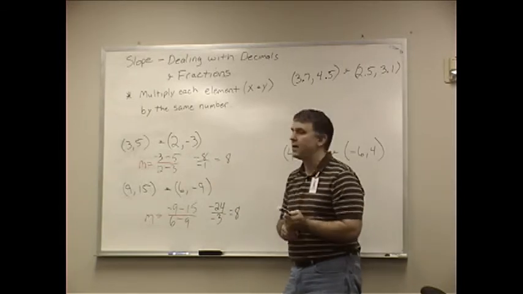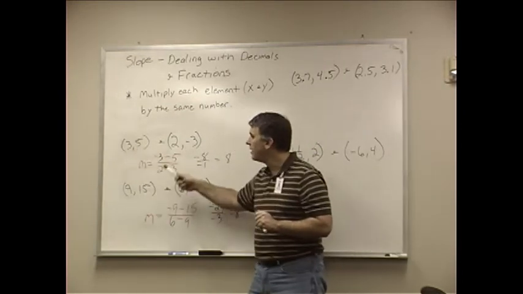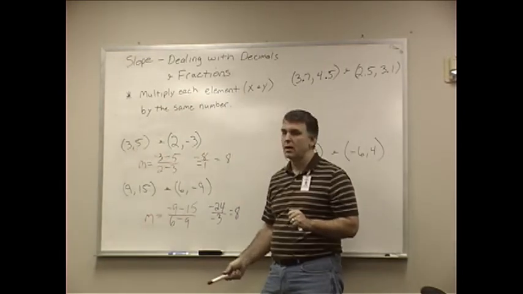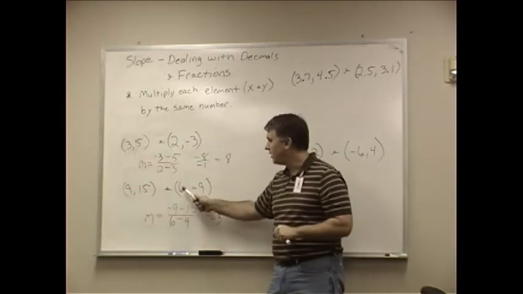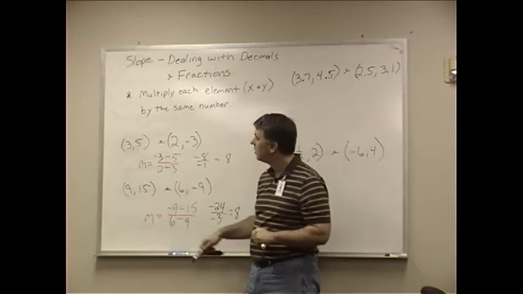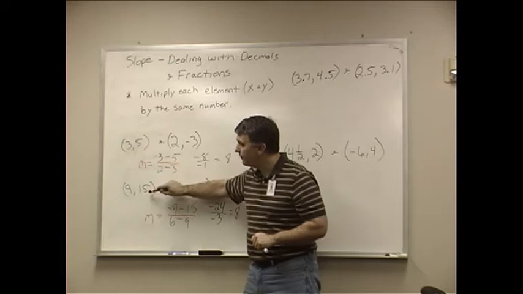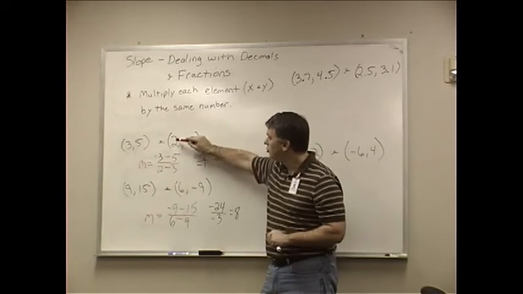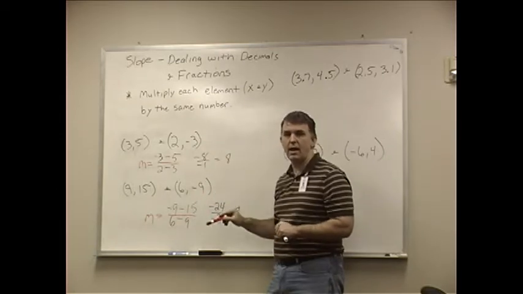But let's examine them now really quick. Let's examine 3, 5, and 2, -3. And let's examine the second set, 9, 15, and 6, -9. 3, 9, 5, 15, 2, 6, -3, -9.